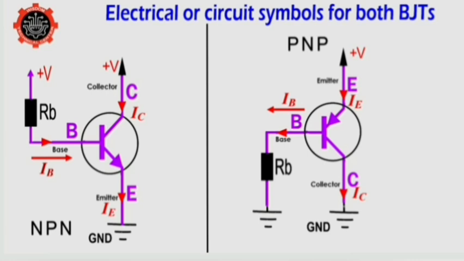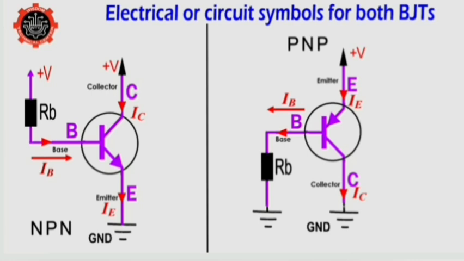Now for the PNP transistor, current is going to flow from the positive potential to the ground. So IE is going to be the emitter current, and as you can see, it's in the direction of the arrow, same direction as the conventional current.